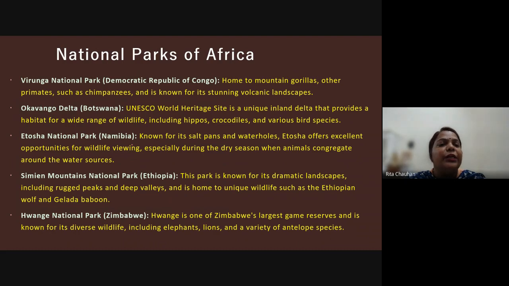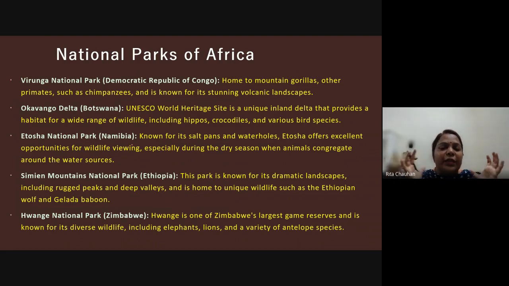Then Etosha National Park in Namibia is another one of the good national parks for the salt pans and water holes. So a lot of aquatic species are there in this national park. Then Simien Mountains National Park, located in Ethiopia, is again going to have a good amount of Ethiopian wolf and Gelada baboons.